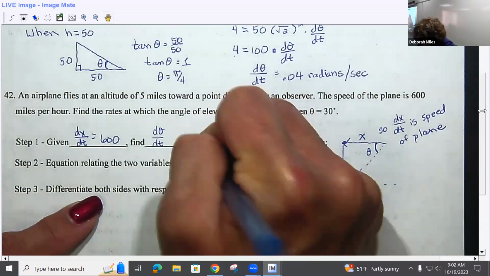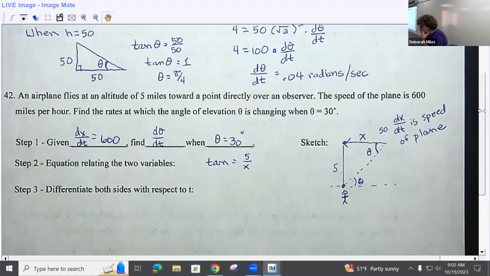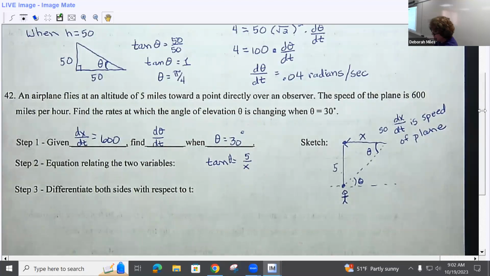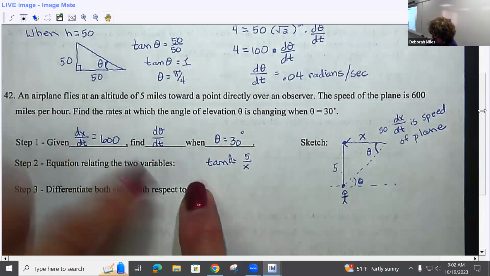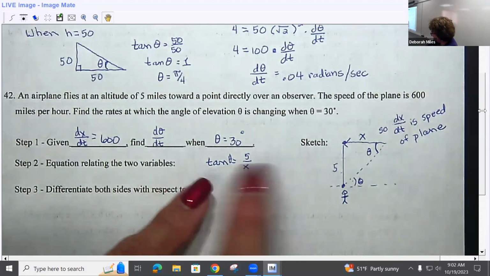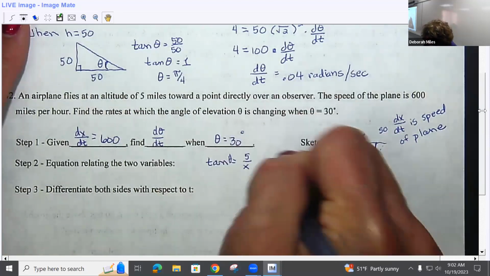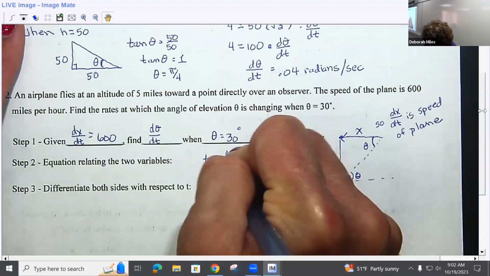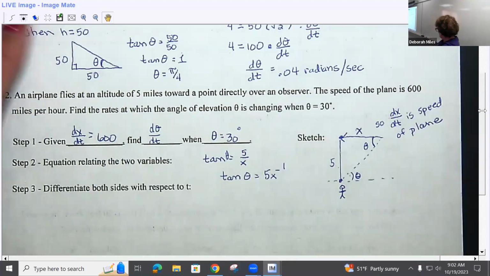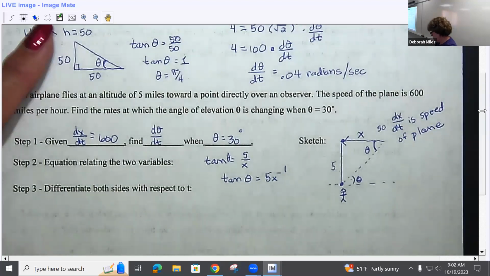So tangent theta equals 5 over x. If I clear out fractions here, then I'm going to have to use the product rule to differentiate that. But if I don't clear out fractions and just think of it as tangent theta equals 5 x to the negative 1, then I can just use the power rule.